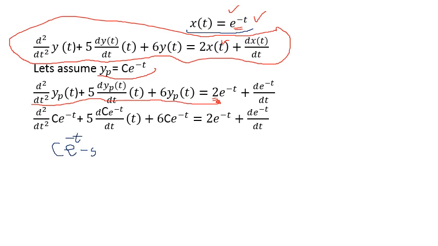c e power minus t, minus 5 c e power minus t, and plus 6 c e power minus t, and the right hand side is 2 e power minus t, and the derivative of e power minus t is basically minus e power minus t.